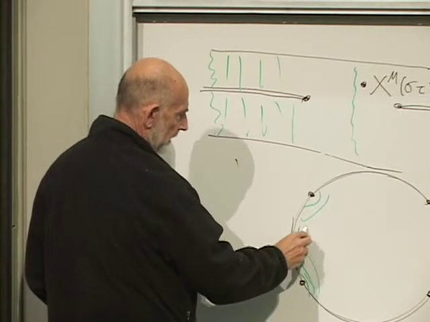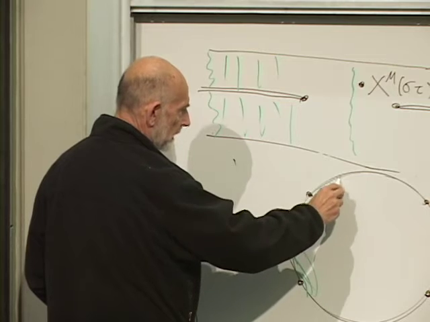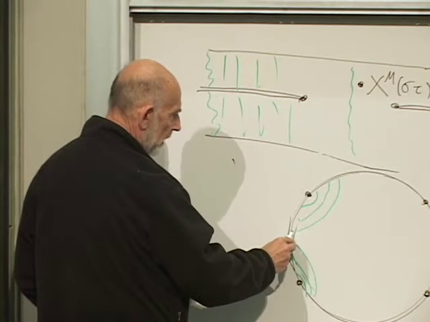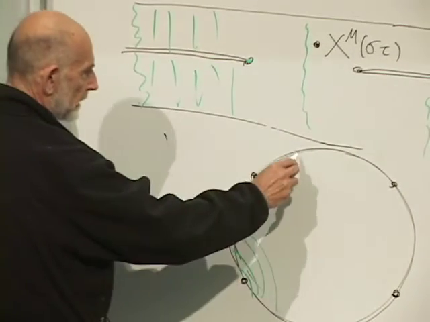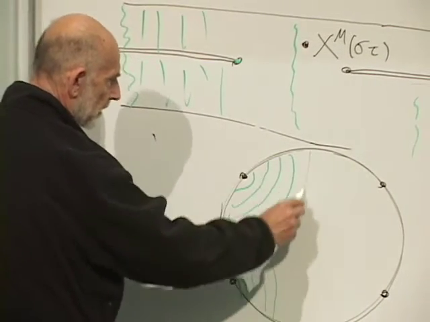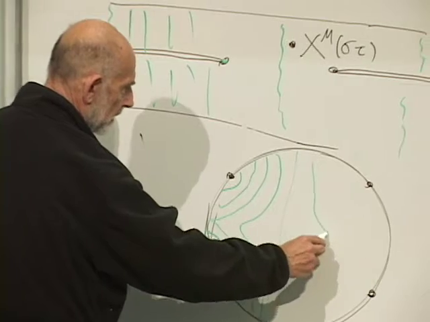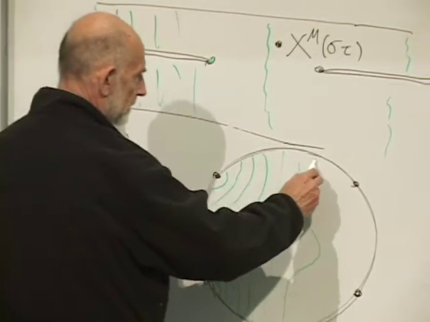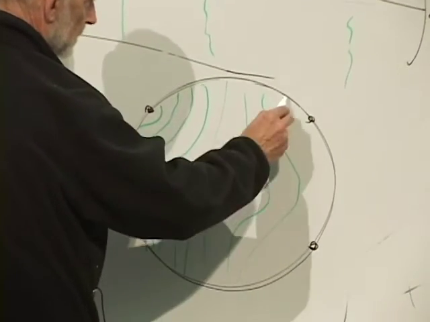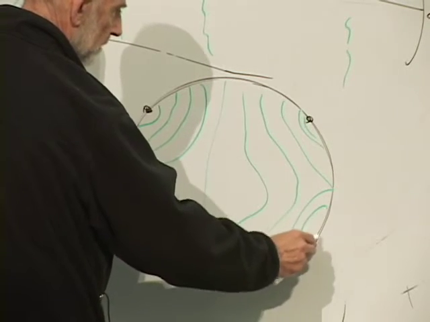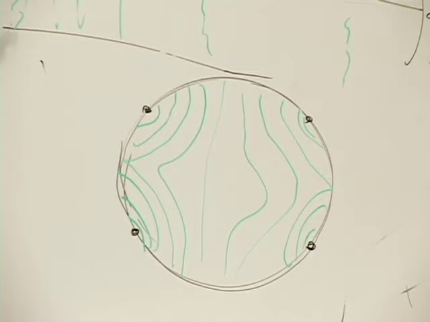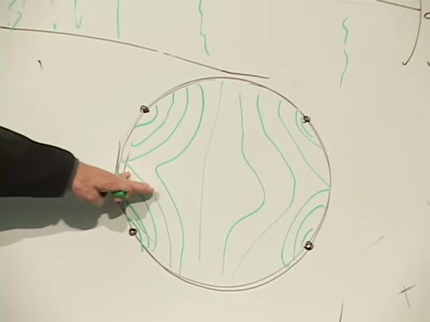That's this one. And then all of a sudden, they come together like that. That's this point. Then they go like this. That's what the mapping from here to here looks like.